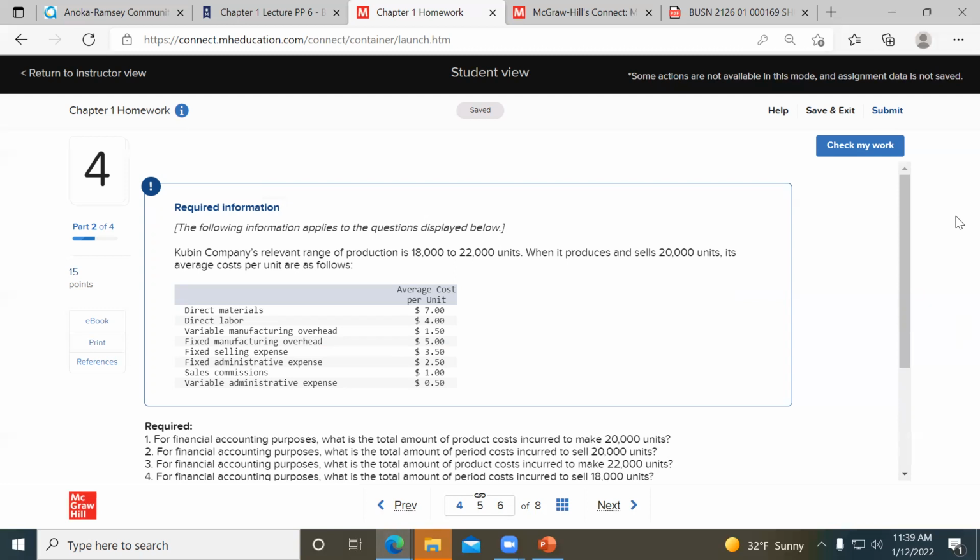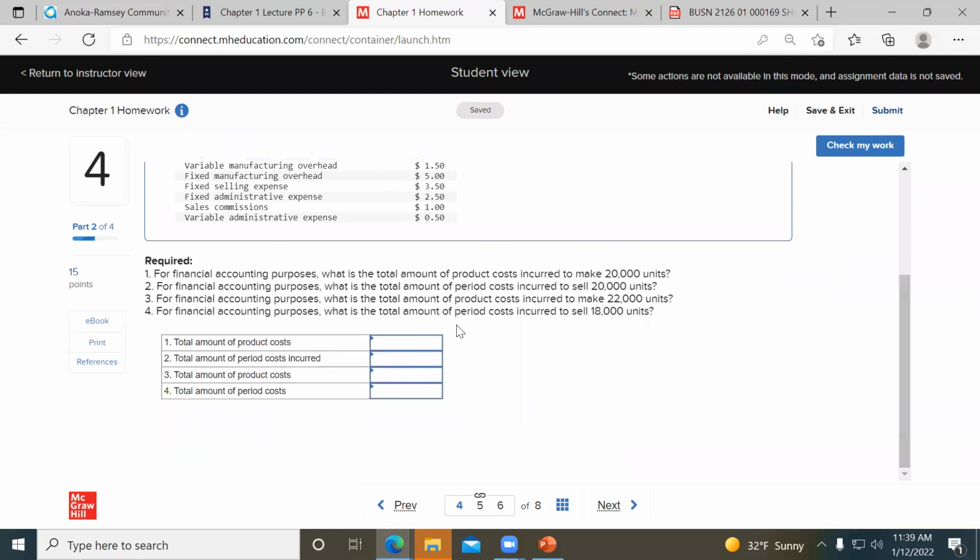So you've got to scroll down on that one. For financial accounting purposes, what is the total amount of product costs incurred to make 20,000 units? Total product cost.